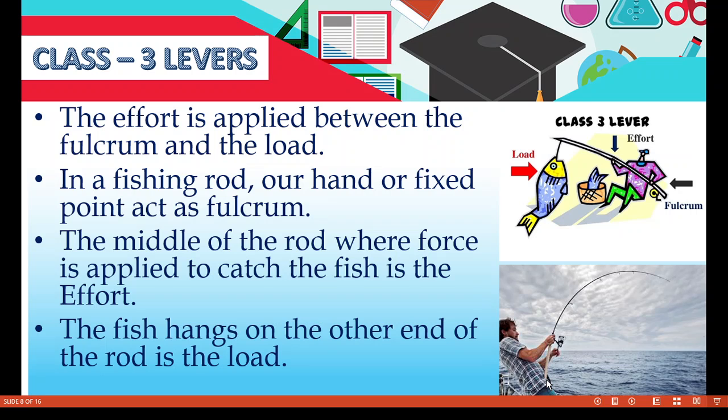So this point is fixed, the effort is applied at the center, and the load is nothing but the fish. In the middle of the rod, where the force is applied to catch the fish, is the effort. The fish hangs on the other end. Look here, the fish hanging at this other end of the fishing rod is the load.